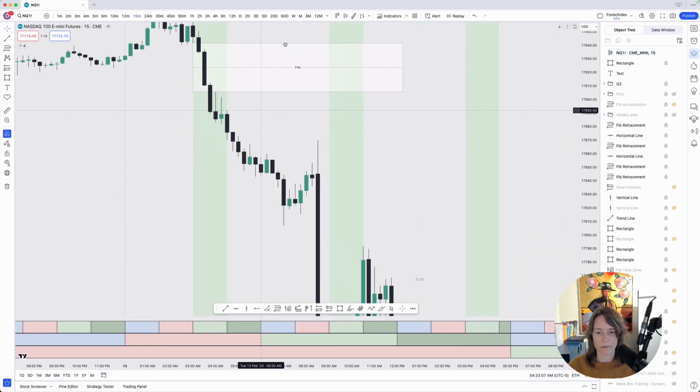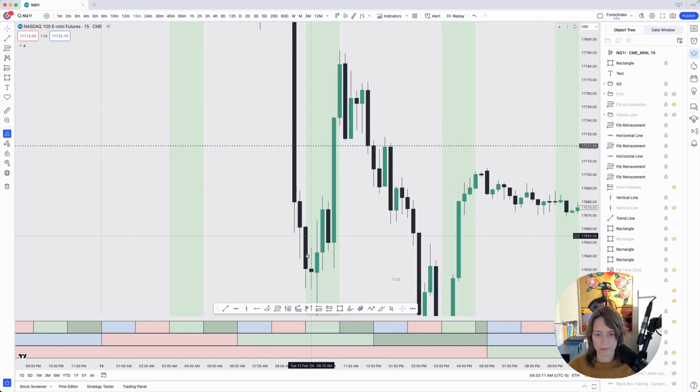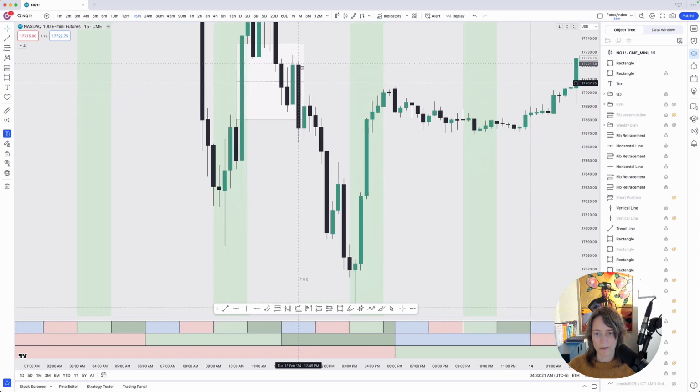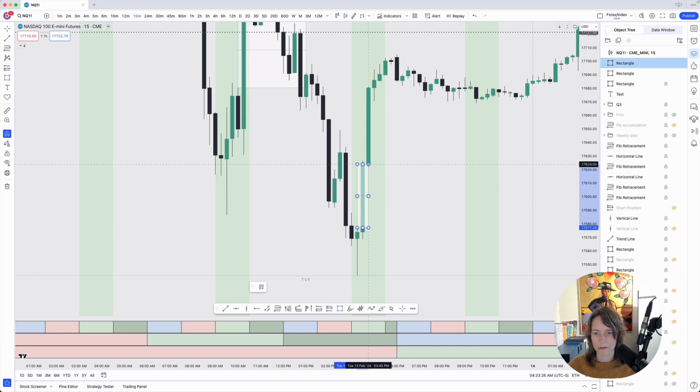Then I move to the next green box. This green box has 1 imbalance sitting there. I mark it out. This green box has 2 imbalances. And I can also make this one bigger.